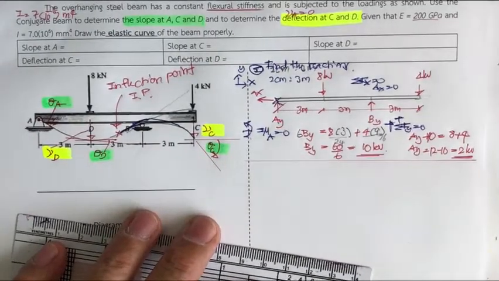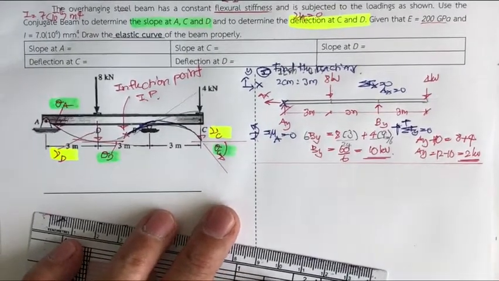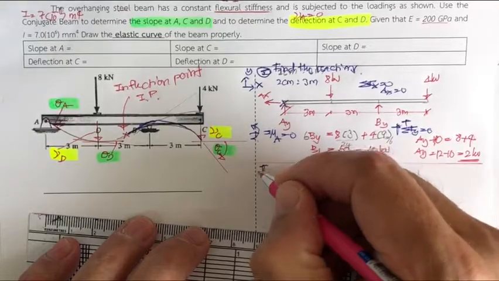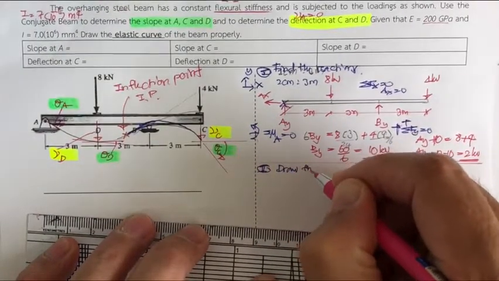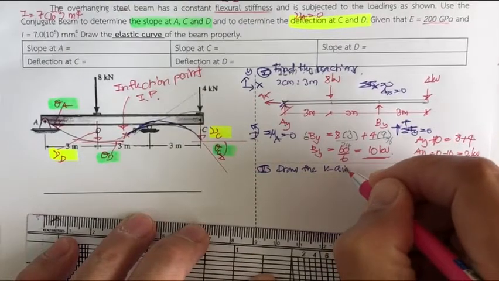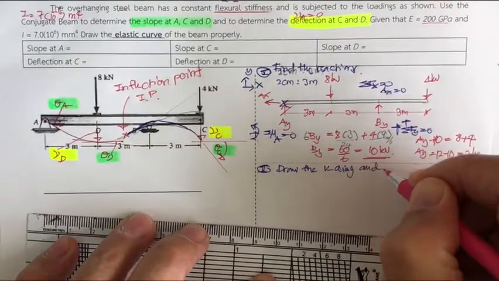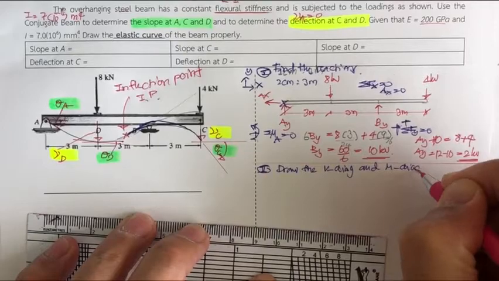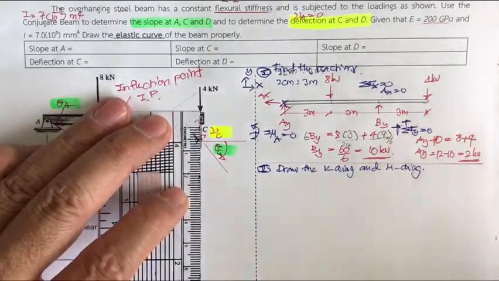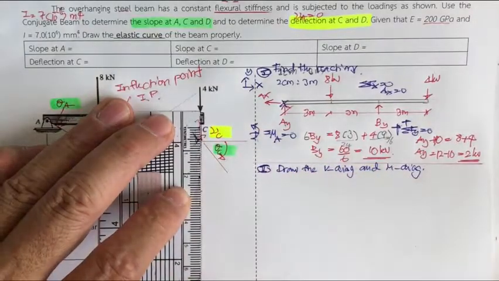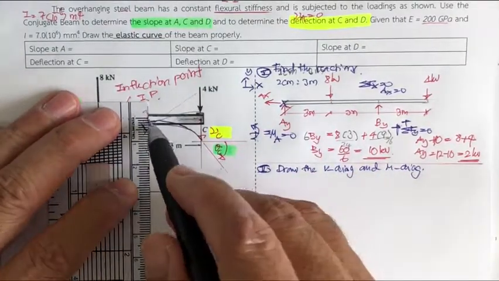Okay, and after you get the reaction, the next step, we will draw the shear diagram and M diagram. Okay, next, if you like to draw it, you got to do some kind of projection of this beam.